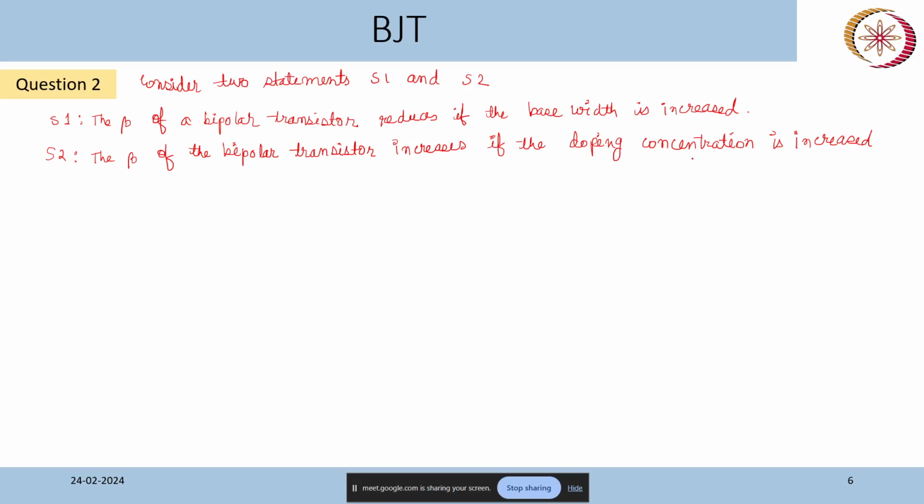So here by doping concentration, I mean the doping concentration in the base. So these are the two statements. So which one of the following options is correct? I'm giving you four options.